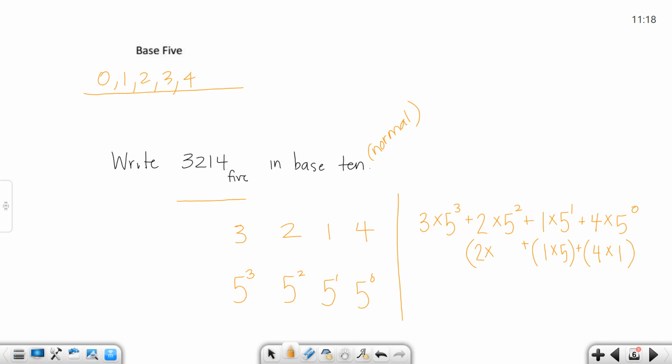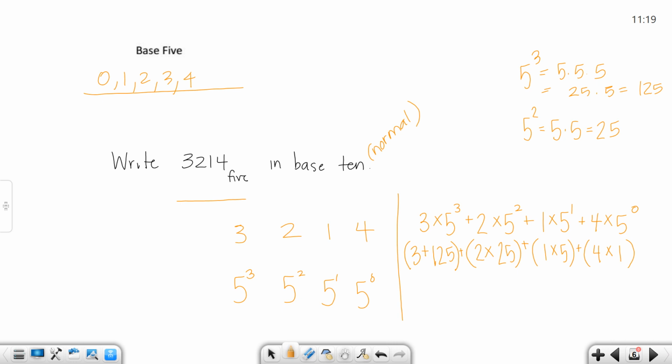This piece right here, 5 squared, refreshing your memory, means 2 of those, which would be 25. 5 cubed would be 3 of those, and if you multiply that out, you get 125.